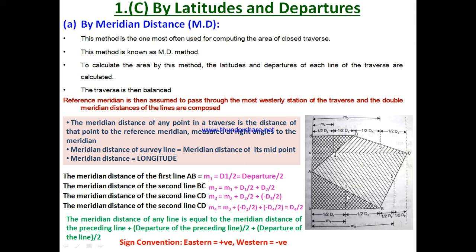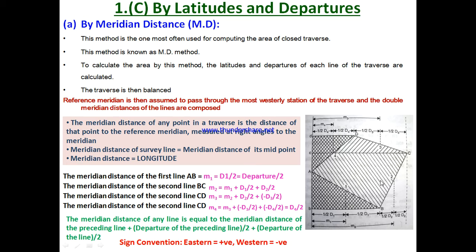Up to this point the distance covered is 0, since it is at the reference only, plus half d1. So it will be equal to d1 by 2.